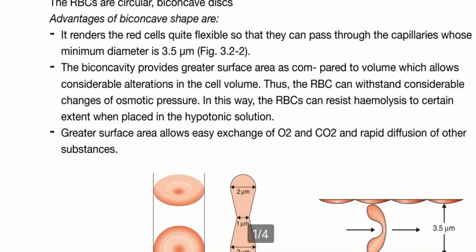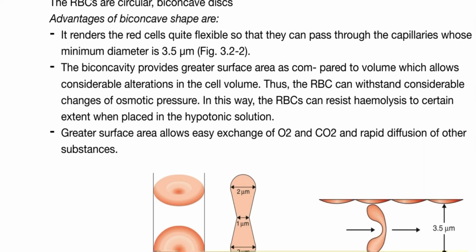The biconcavity provides greater surface area as compared to volume, which allows considerable alterations in the cell volume. The volume doesn't increase much, but in comparison to the volume the surface area is greater.